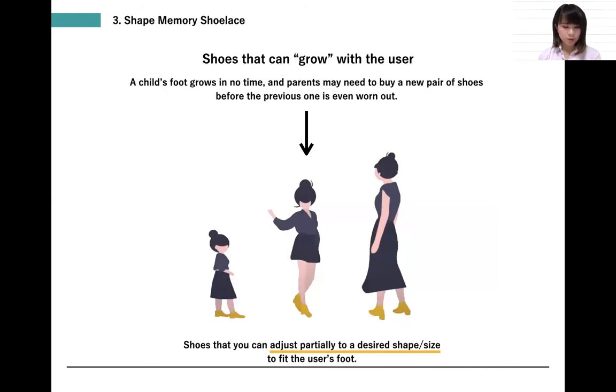A third example of our 4D printed shoes is a pair of children's shoes that can grow with the user. A child's foot grows in no time, and parents may need to buy a new pair of shoes before the previous one is even worn out. To ease this household economic issue, we designed a shoe that enables one to adjust the shoe partially to a desired shape or size to fit the user's foot.